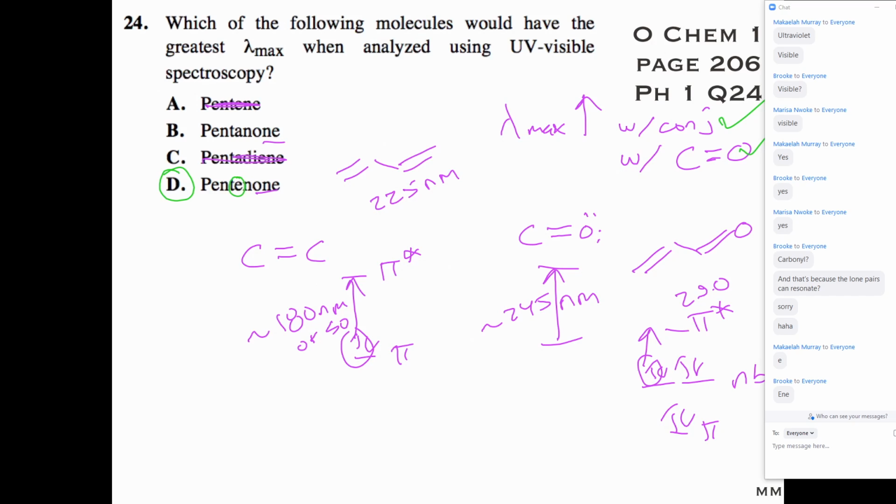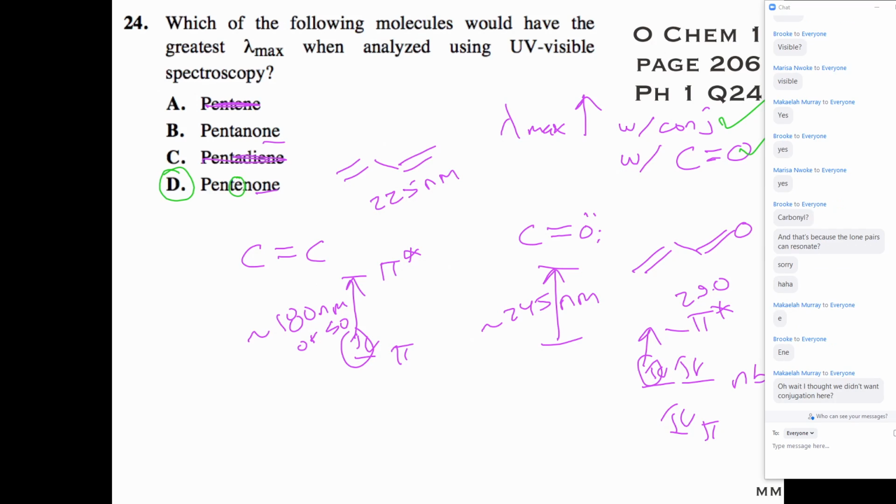But the moral to the story, UV is just not that important. So we're looking for the greatest lambda. So the greatest lambda is the one that has conjugation. If you're looking for the smallest lambda, then you want no conjugation and no carbonyl. And so in this case, specifically, we're asking for which one has the greatest lambda max, which means the greatest numerical value.